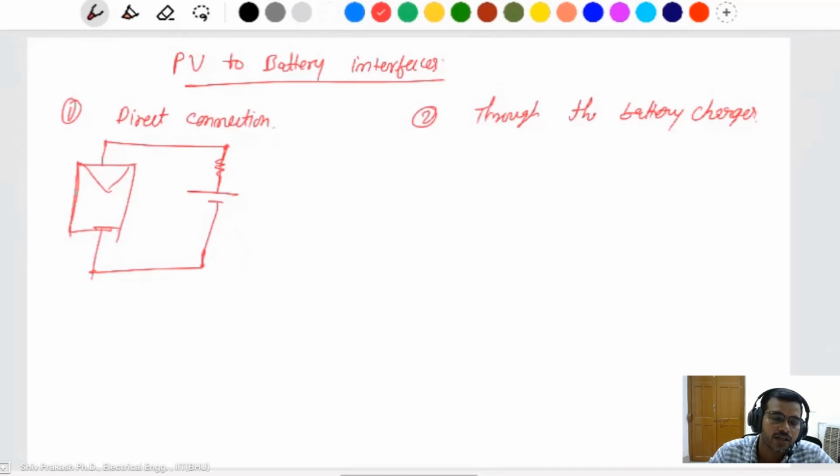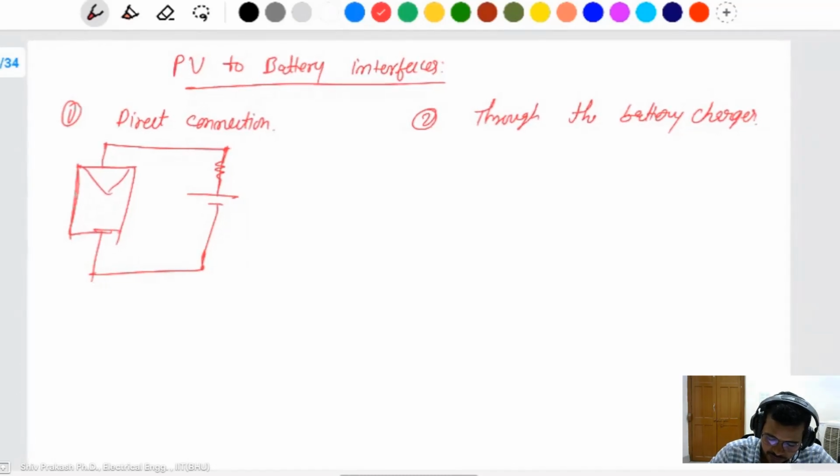That's why you can connect an ideal battery directly, but an ideal voltage is not in the real frame. That's why the battery has an internal resistance. You can connect them to control the circulating current between the battery and the PV panel.